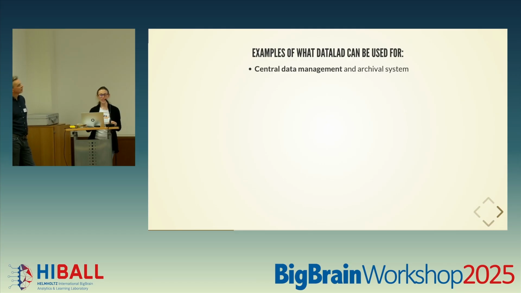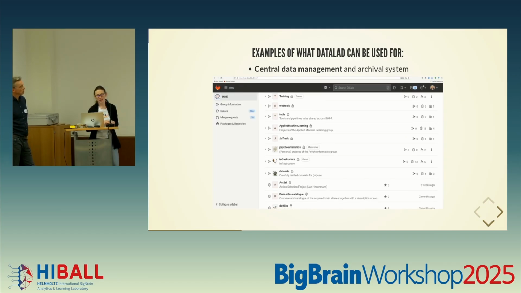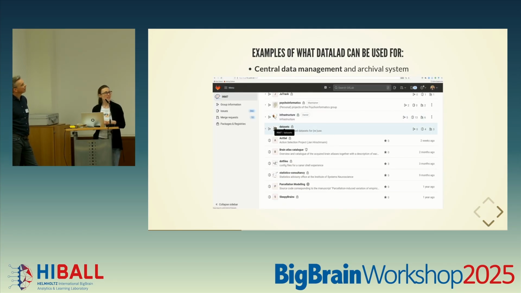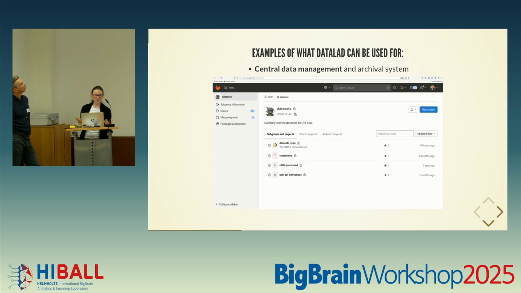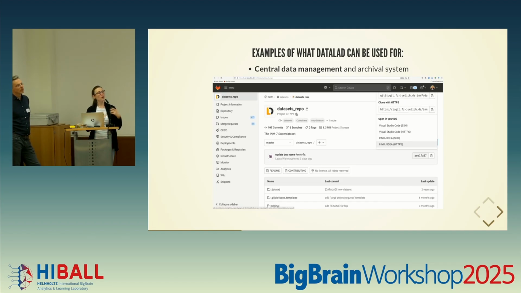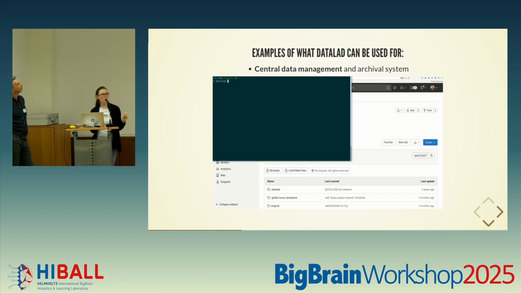We use it in our institute, the Institute of Neuroscience and Medicine, as a central data management and archival system. So if you're a data manager, this might be something for you. A researcher in our institute can go to our internal GitLab instance and find a so-called datasets repo, which is a superset or super dataset of all of the datasets we have access to.